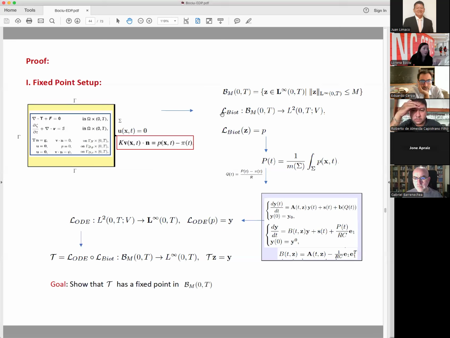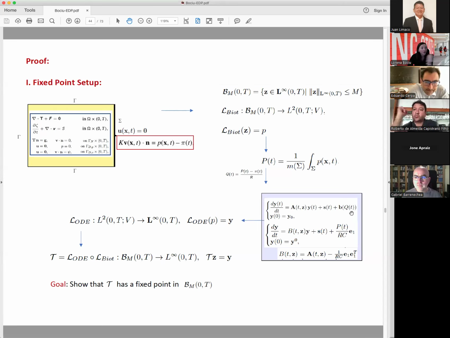And this is what I called LBO, the map that solves the BO system, the poroelastic system, given little pi. Okay, once you solve BO, you have displacement and fluid pressure, but then I know that through the interface conditions, I assume that capital P is the average of the BO pressure, so I take the average. Remember, through Poiseuille's law, I have this relation between capital Q and capital P, and that's what comes into the ODE, right?